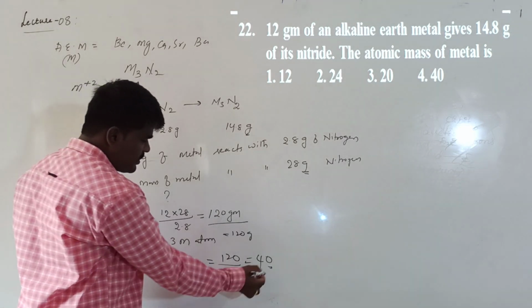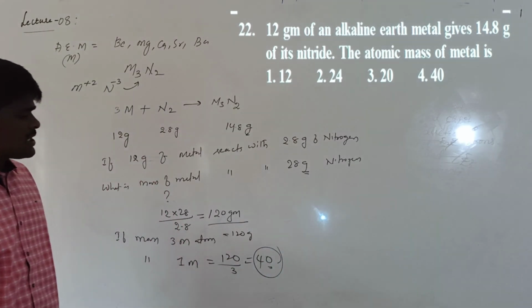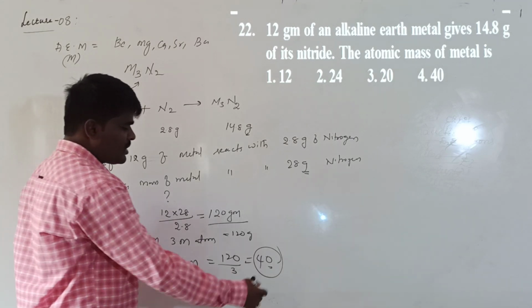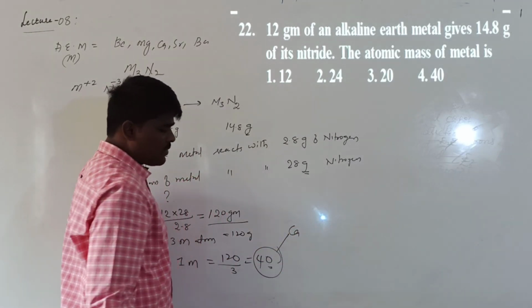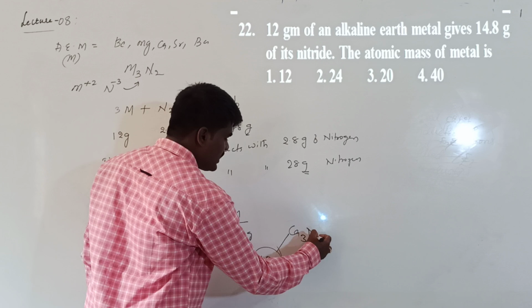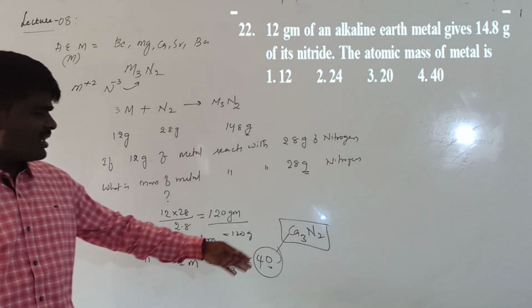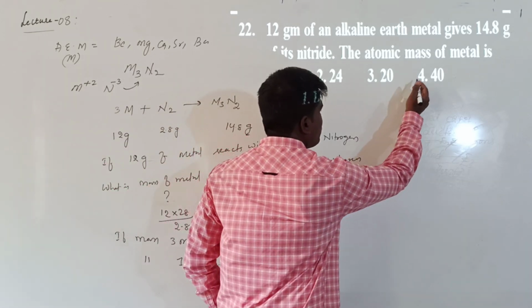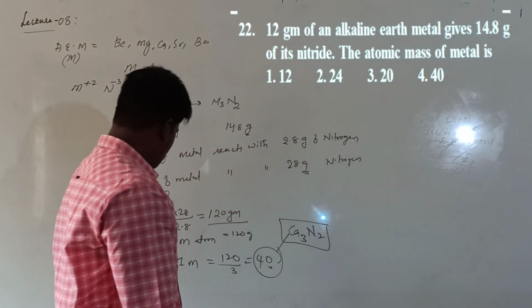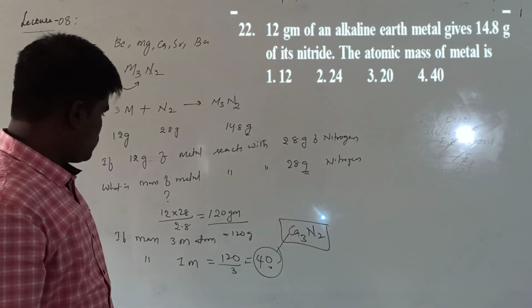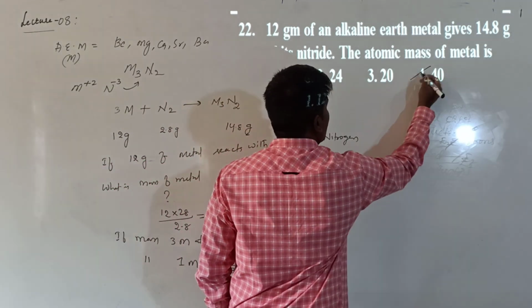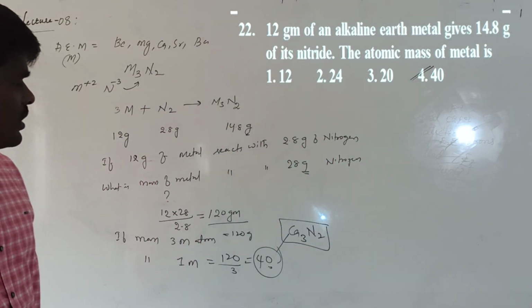So what is the mass of the metal atom that participates in the reaction? 40. 40 generally stands for calcium. So this is calcium nitride. What is the compound he is talking about? He is talking about calcium. But he has not asked about the metal, he has asked only about the atomic mass. Right? The answer is 40.